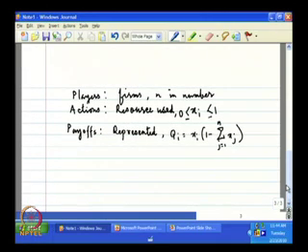So, this is the game theoretic representation of this situation.